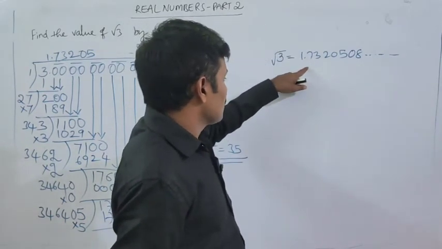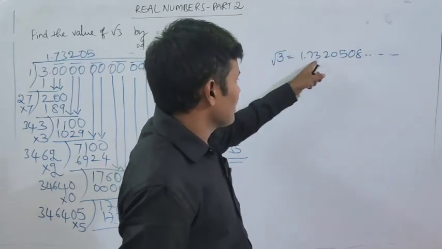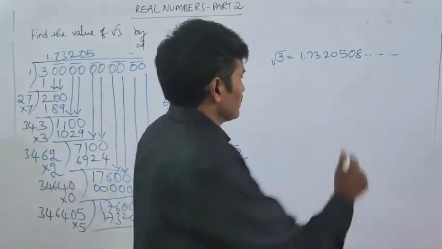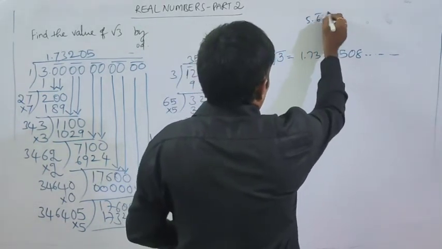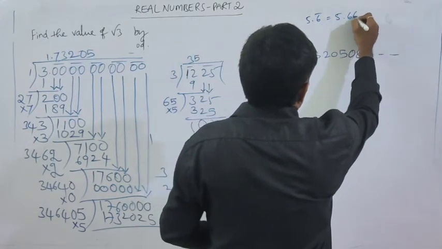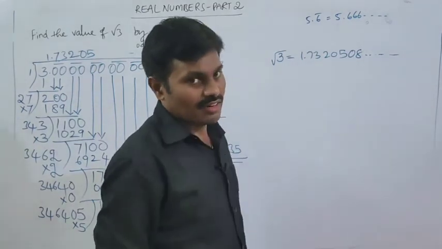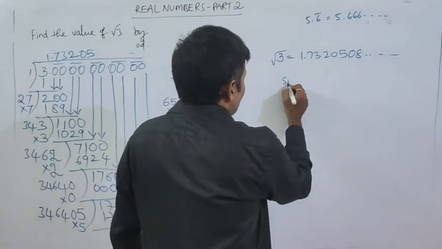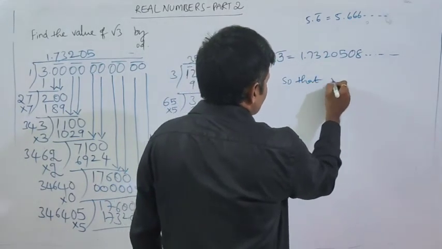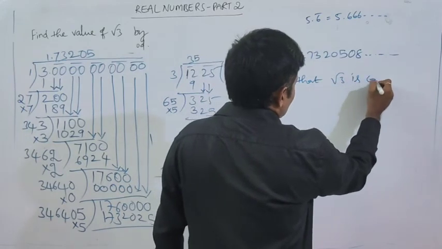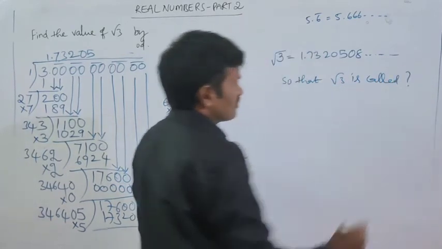That means, unlike rational numbers, we can't write this under a bar. See, 5.6 bar we are able to write as 5.6666 and so on. But this number we are unable to write under the bar. So what do you call this type of numbers? Root 3 is called what type of number?